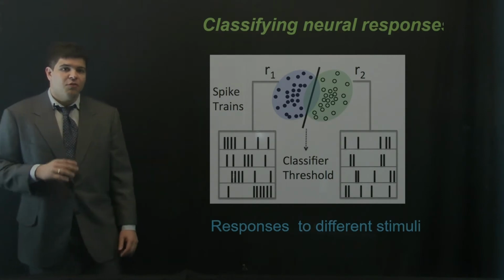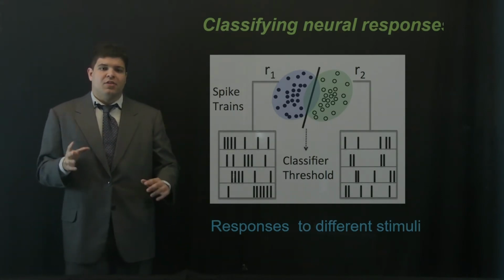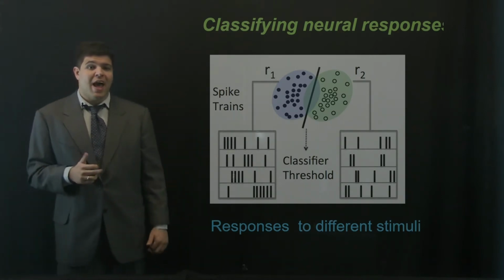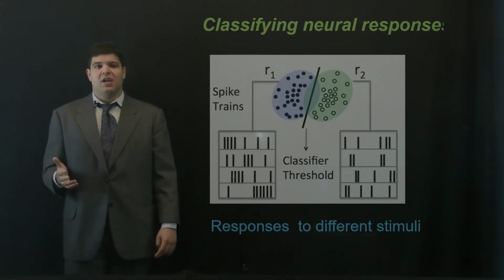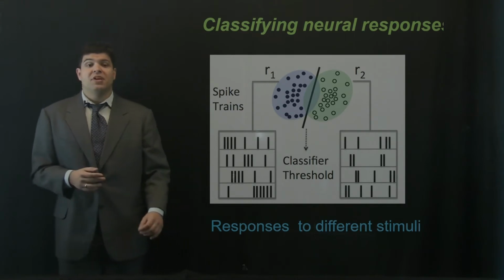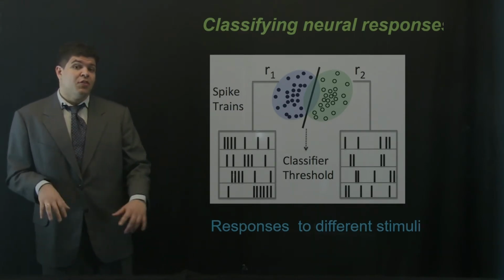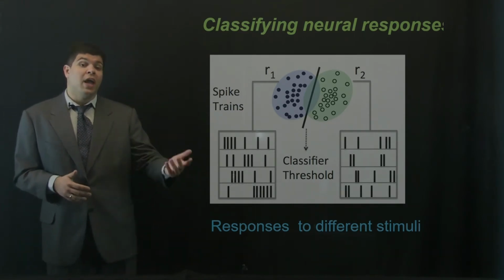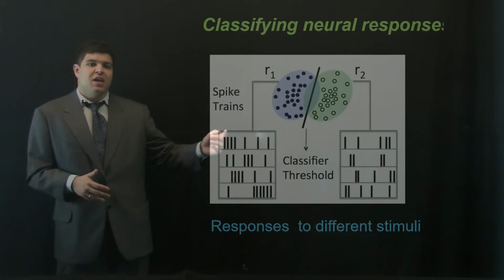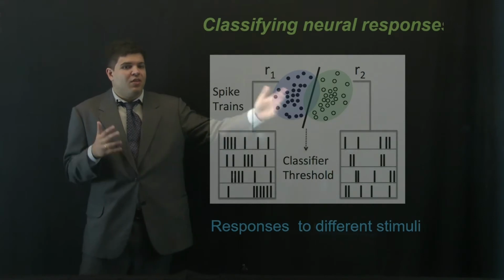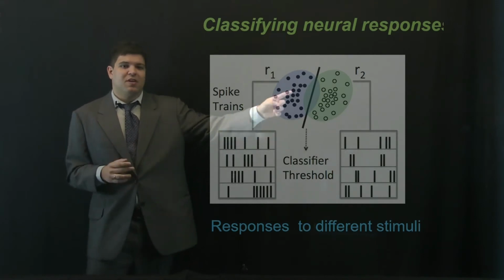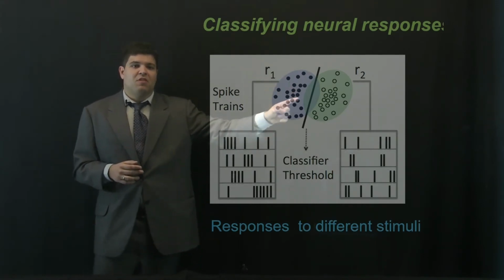Very broadly, let's imagine that I have two stimulus classes, stimulus 1 and stimulus 2. Every time I present stimulus 1, the system responds in a certain way, so it generates spike trains that we can represent in this pictorial space as one of these dots.